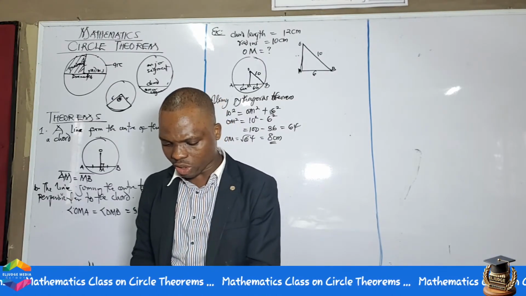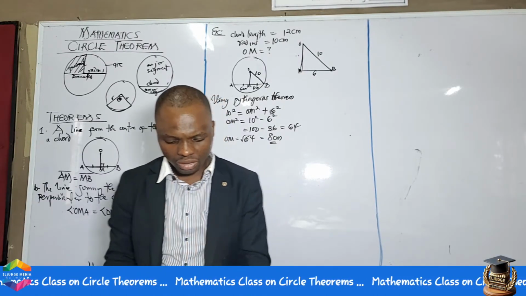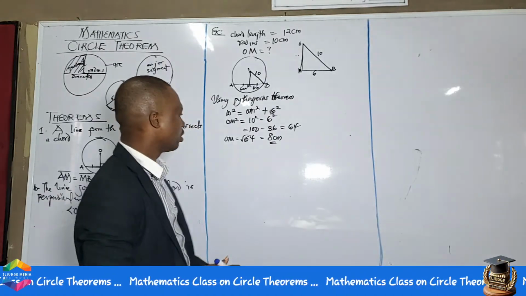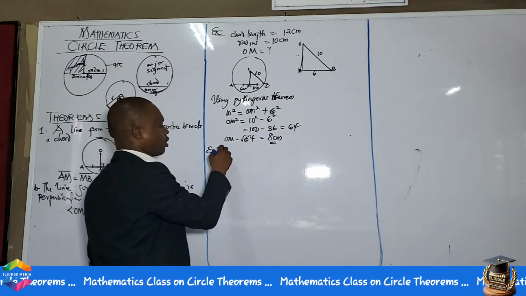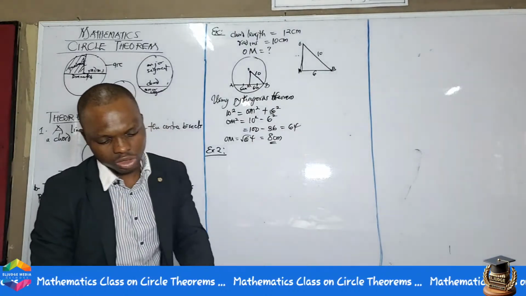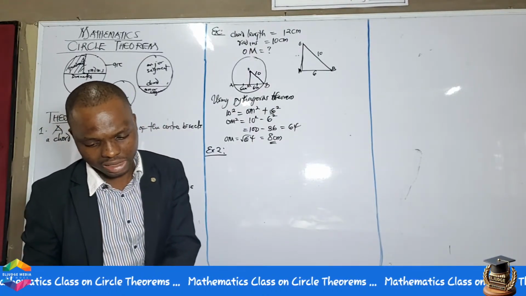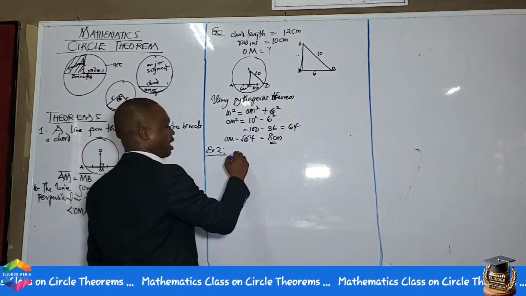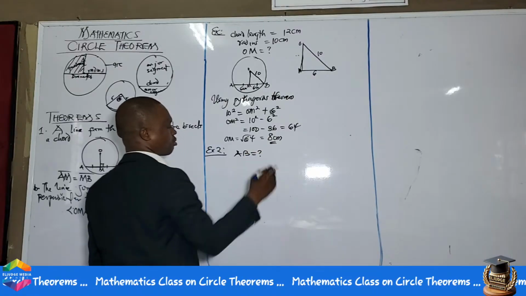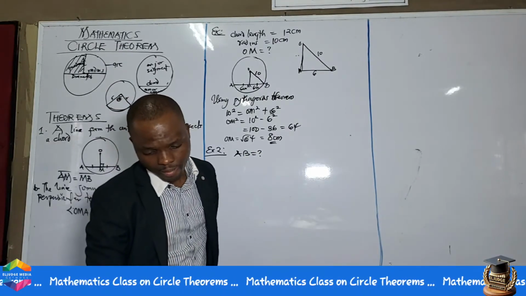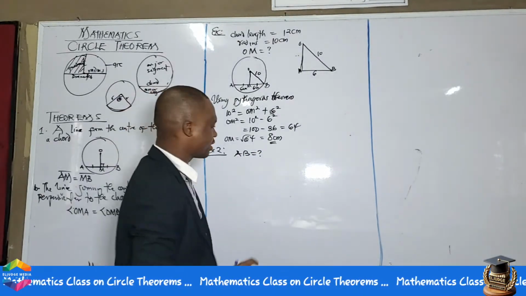Another way the question can come out is: calculate the length of a chord. So example 2, calculate the length of a chord. Let's take our chord length as AB. Calculate the length of the chord AB of a circle of radius 26 centimeters.